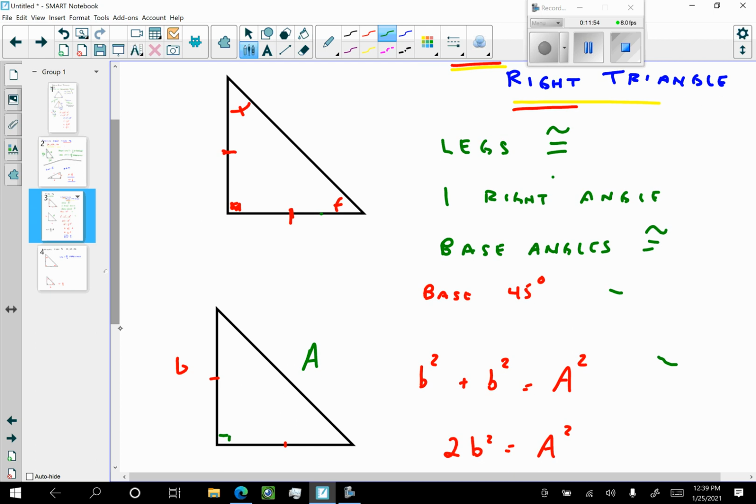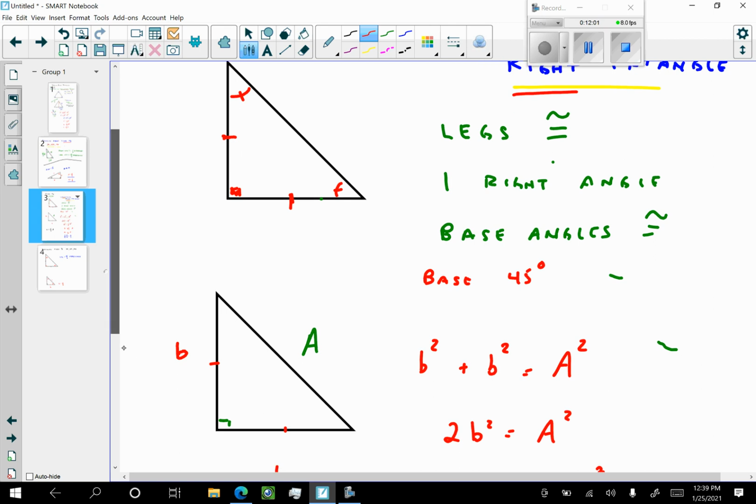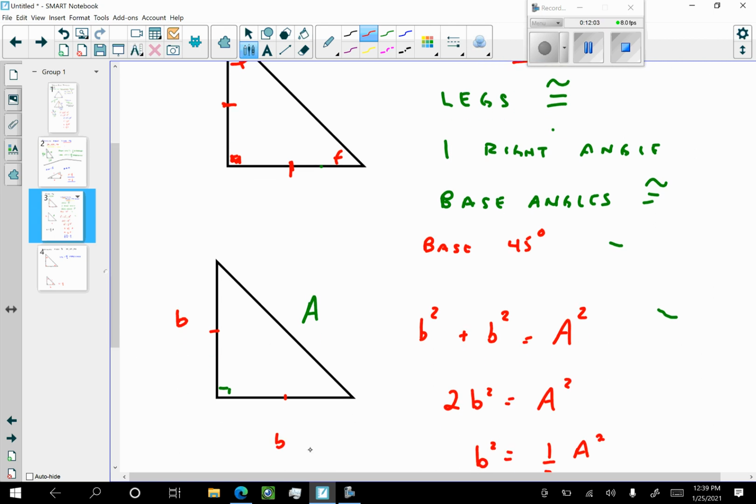All right, let's let the hypotenuse this time be a, as we did before, and the two legs are congruent. We'll just let them both be b. What do we know? Well, by the Pythagorean theorem, b squared plus b squared is a squared.